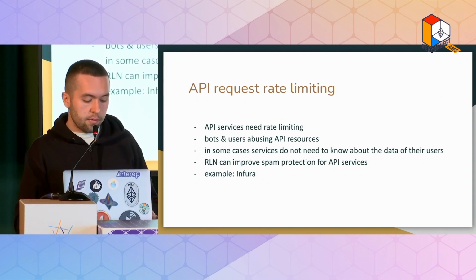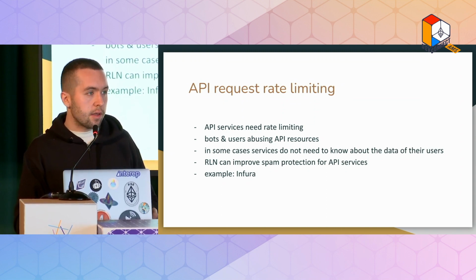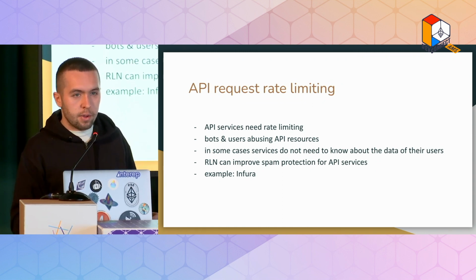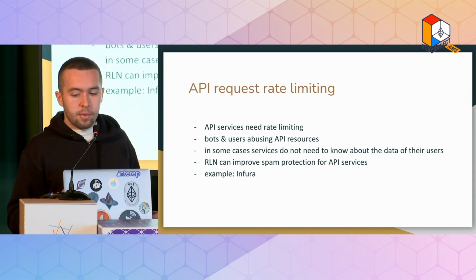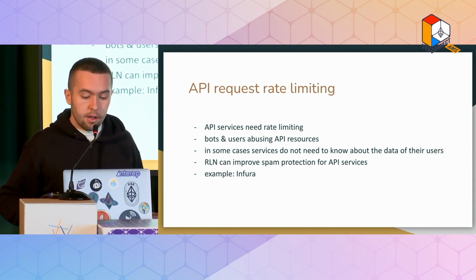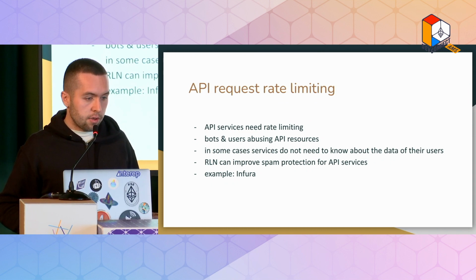For example, Infura has a free package where you have 100K requests per day, but you can generate multiple such keys, rotate them and abuse their services. But if you have stronger anti-Sybil measures and stronger spam protection, you can prevent this.